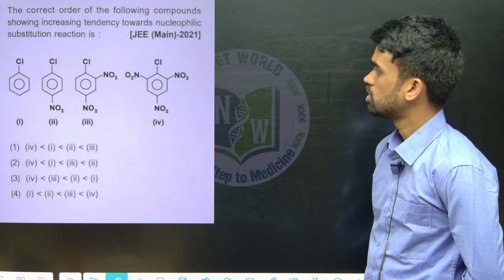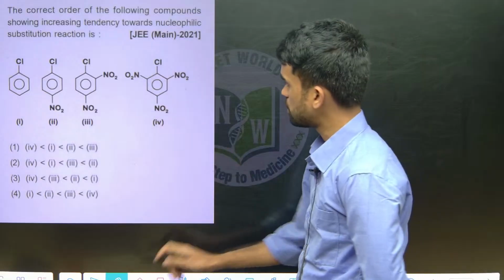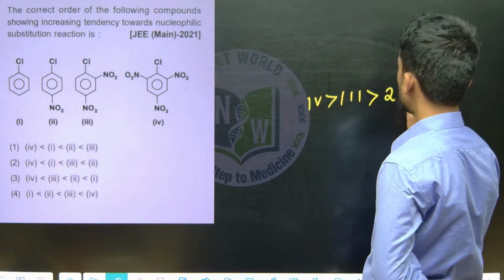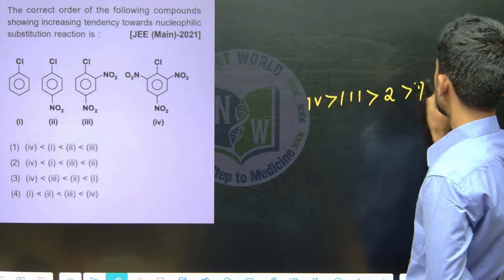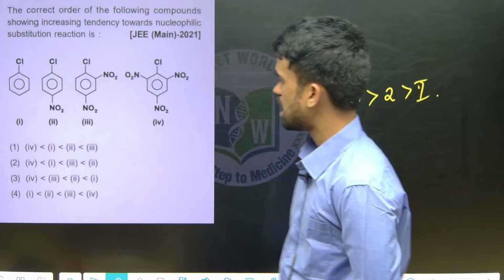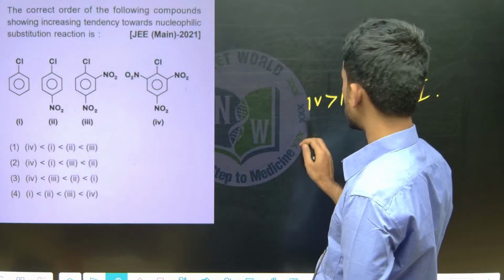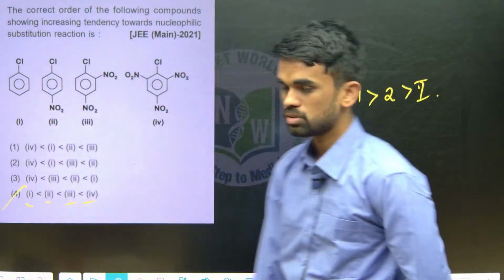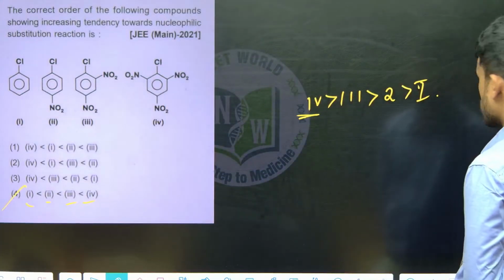The more the number of electron withdrawing groups. So 4, 3, 2, 1. In increasing order, which is more reactive? 4. So 4, 3, 2, 1, the 4th option.